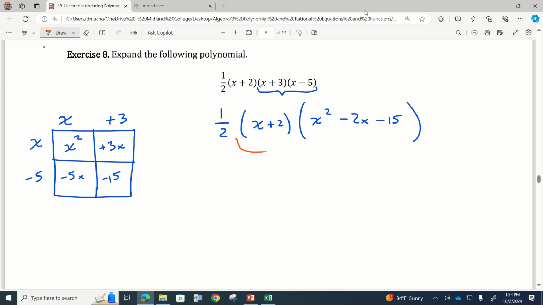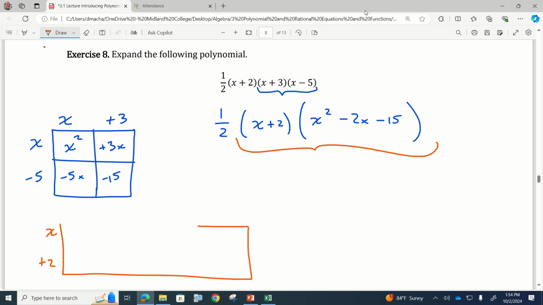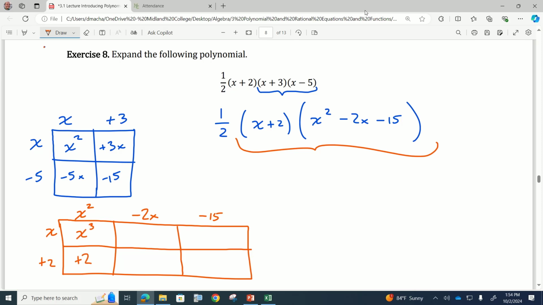And the next step is I take these factors and I multiply those. So I multiply x plus 2 times x squared minus 2x minus 15. And this is what I get.